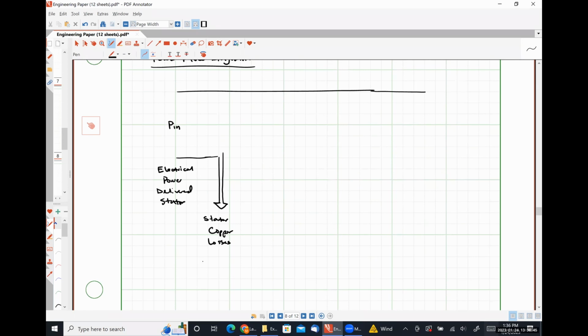And P1 CU, because this is on the primary or stator side copper losses, this is going to be nothing more than 3 times the magnitude of our stator current squared times R1. 3 because it's a three-phase system, I squared R losses, nothing wild or crazy there. So our stator copper losses take away some amount of the total power.